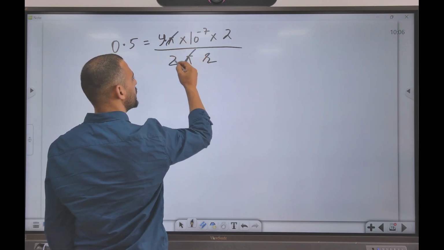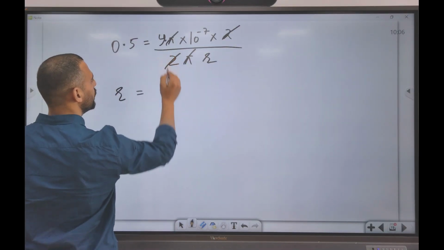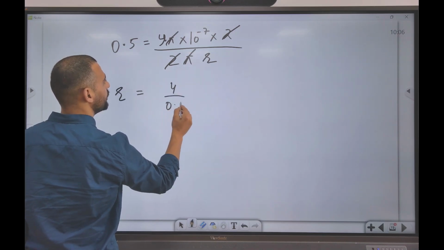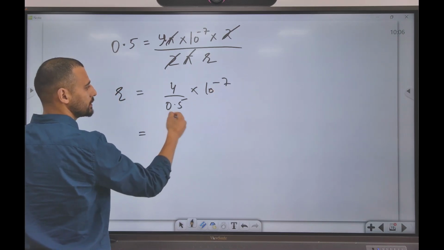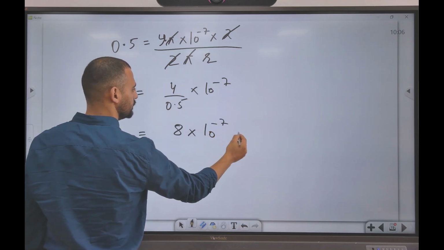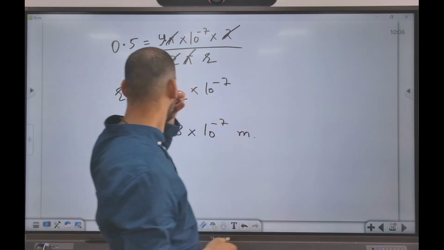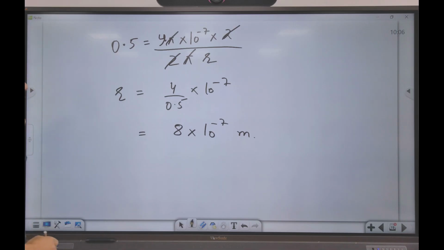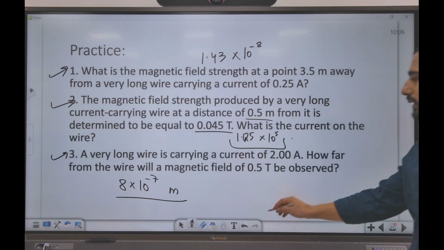So 2 and 2 will cancel. The distance is 4 upon 0.5 times 10 to the power negative 7, and that is 8. You got the same value? Yeah, that is it.